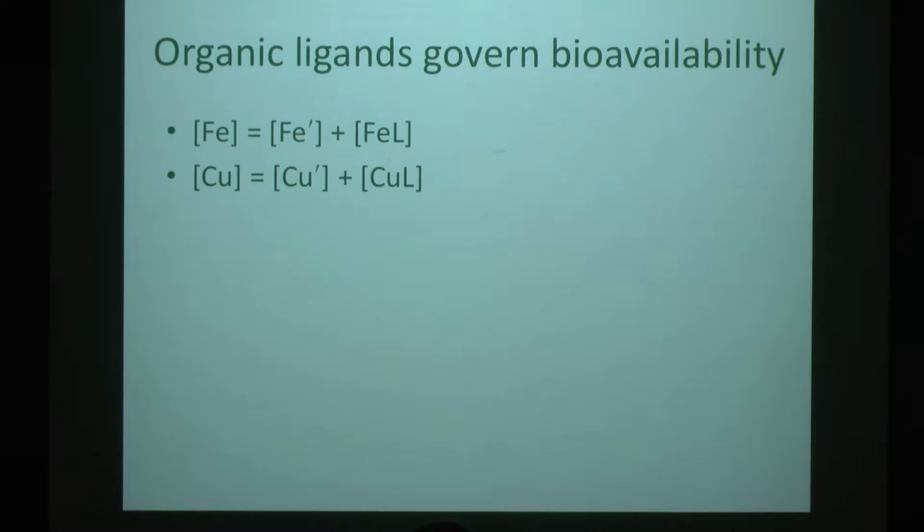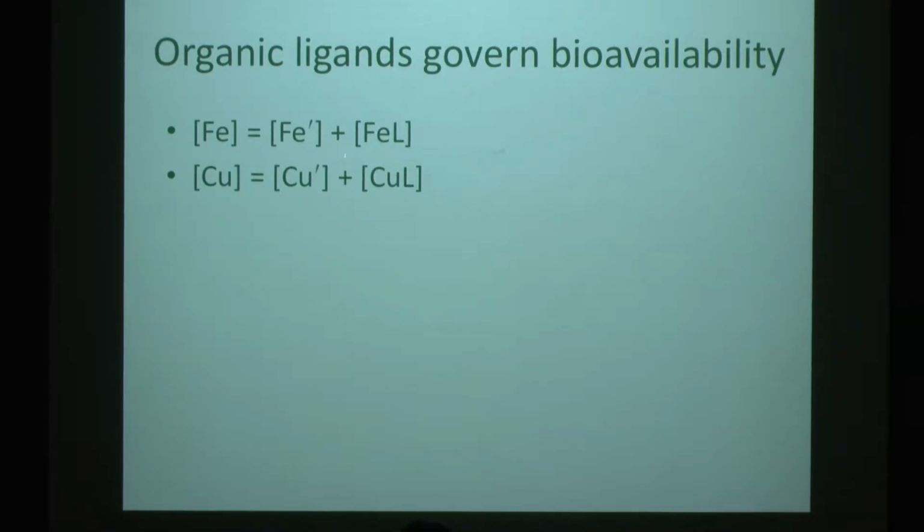All right, I keep talking about the bioavailability of trace metals being so important, and I'm not saying the concentration of trace metals is so important, and that's because unlike macronutrients generally, trace metals have very complicated speciation. They exist in different chemical forms in seawater. Those include both inorganic and organic forms.